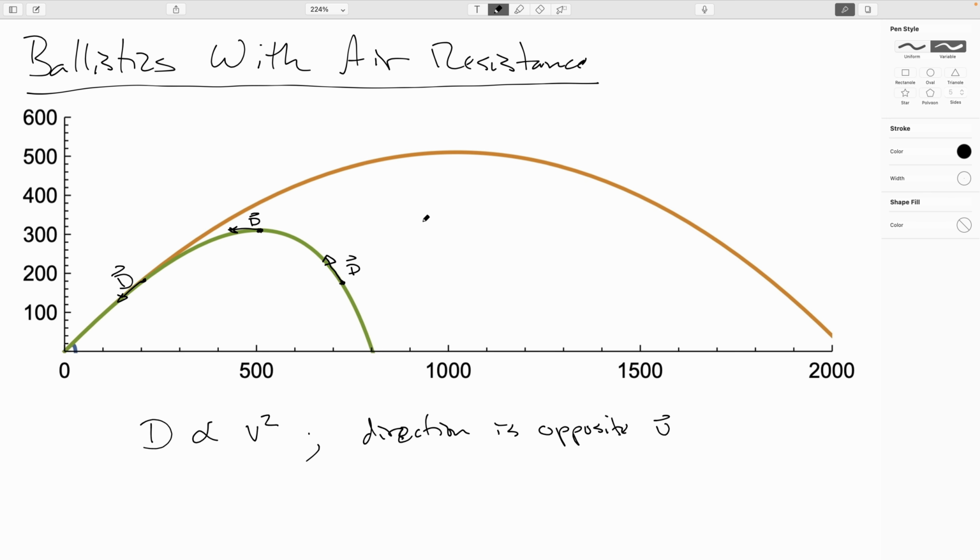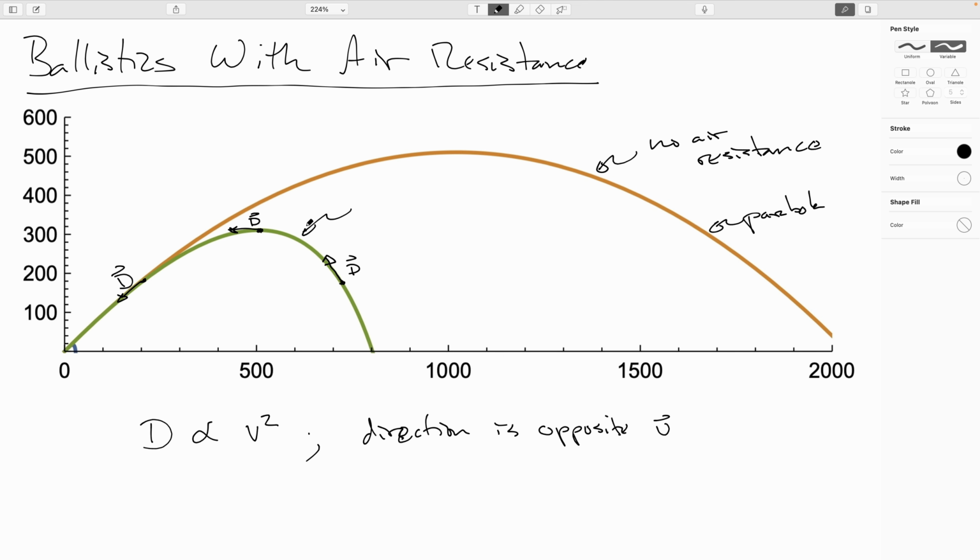So what you see here is me having done just that, solve it numerically. What you have here is what you would have if there was no air resistance. And you can see here that the trajectory is a parabola.